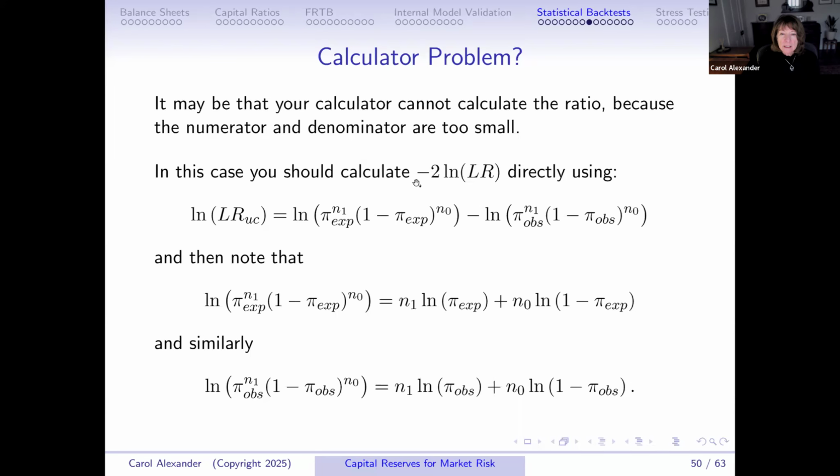You could calculate minus 2 log LR as the log of the top minus the log of the bottom. You could even break the log of the top into n1 times the log of pi x plus n0 times the log of 1 minus pi x. And you can break up the bottom as well using the property that the log converts a product to a sum and a ratio to a difference. So then you can easily compute these.